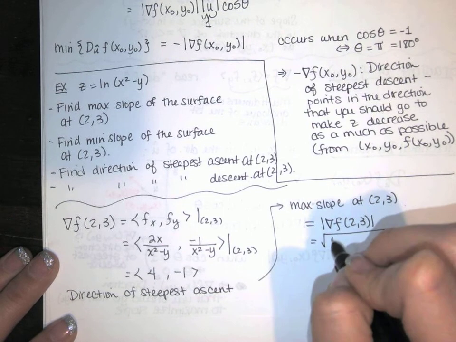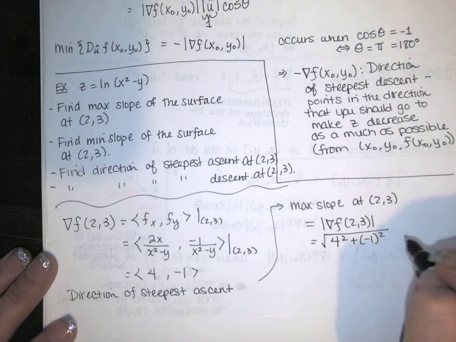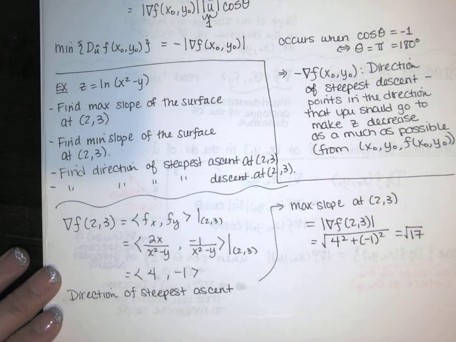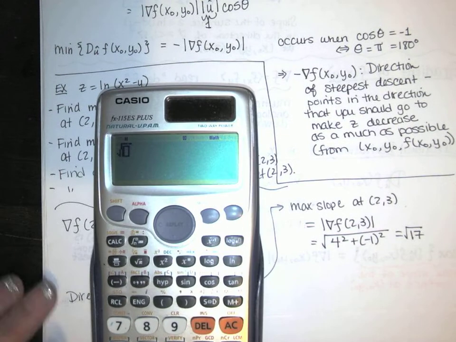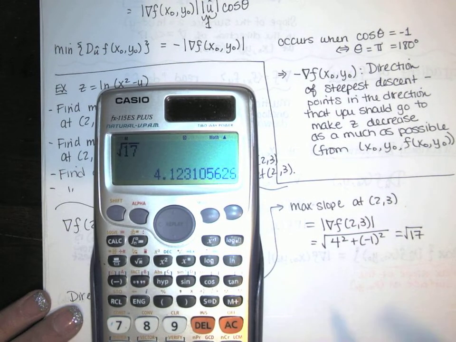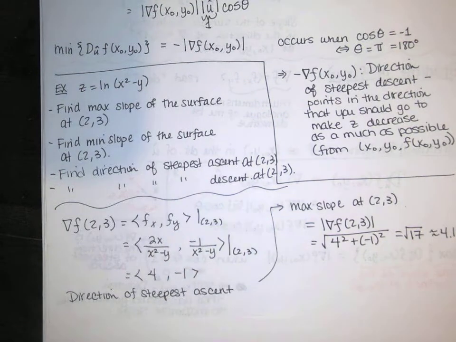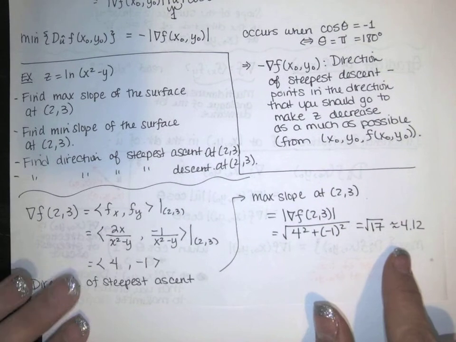So I've got the square root of 4 squared plus negative 1 squared. So 16 plus 1 is 17. So we get square root of 17. And we all know that that's a little bit more than 4, but let's see what the decimal approximation is. So it's about 4.12. So the maximum slope of the surface is 4.12.